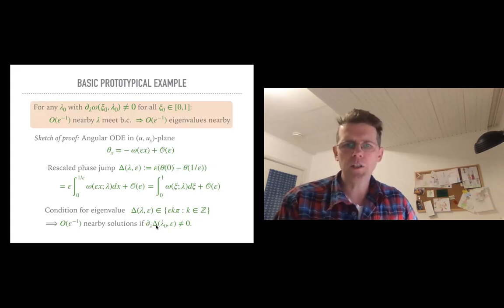The only missing observation is that the derivative of capital delta with respect to lambda turns in this integral into the derivative of the frequency omega with respect to lambda. And having that this frequency is nowhere zero, we are guaranteed that the derivative of delta is non-zero. And then we can close the argument.